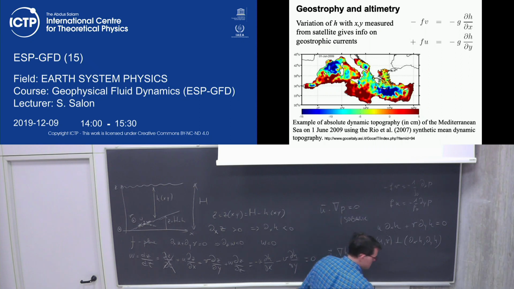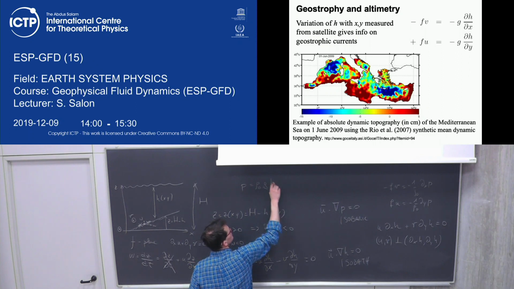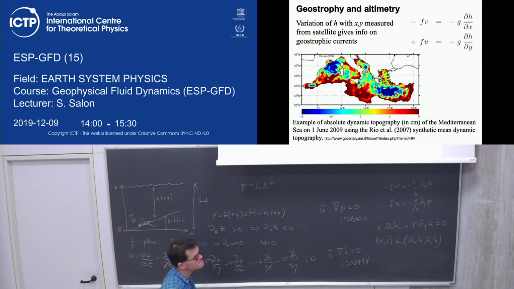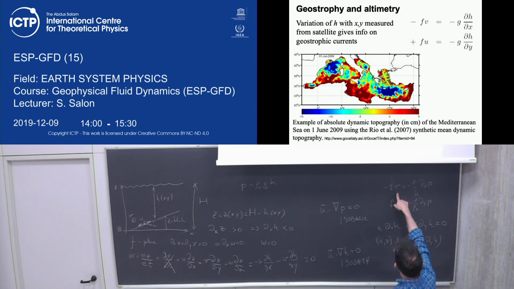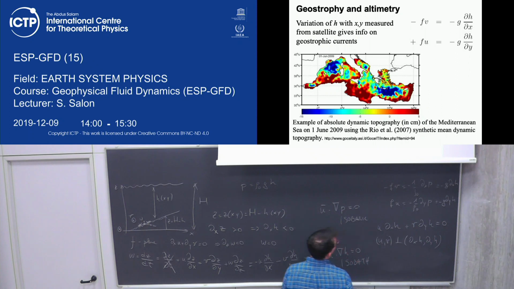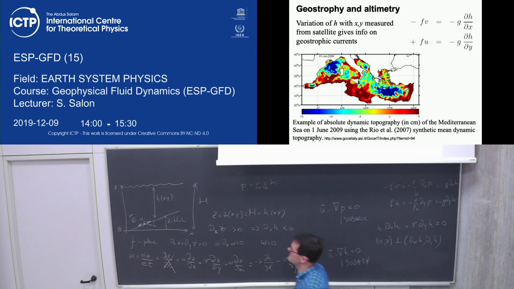So since P is rho 0 g h, okay, we can substitute this here and we have minus g the xh, minus g the yh. So V is exactly proportional to dxh, okay, which is this dxz.